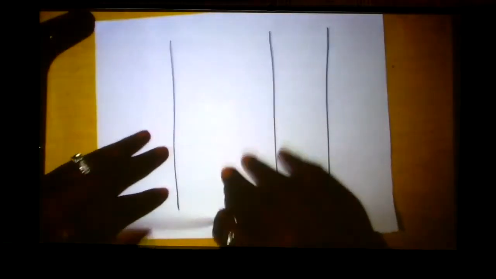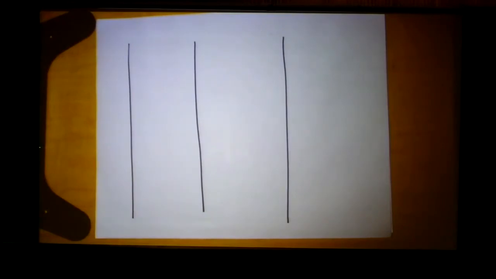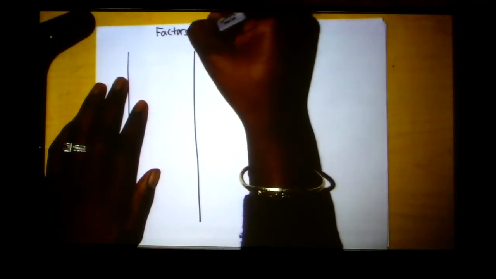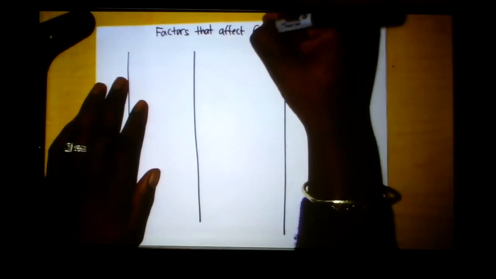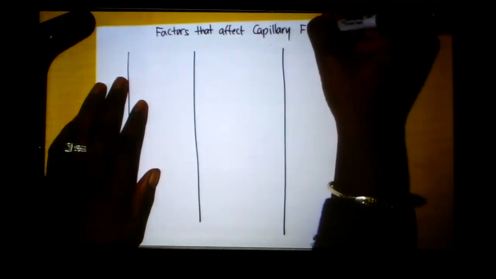Okay, let's start this over. Let's make sense of all these factors and make some important distinctions.